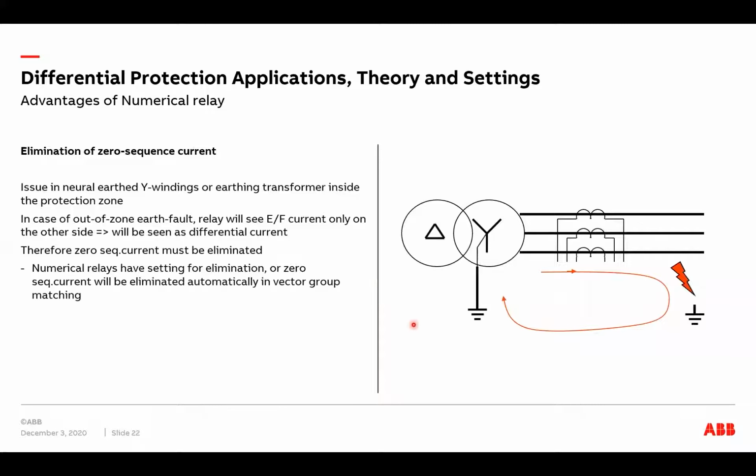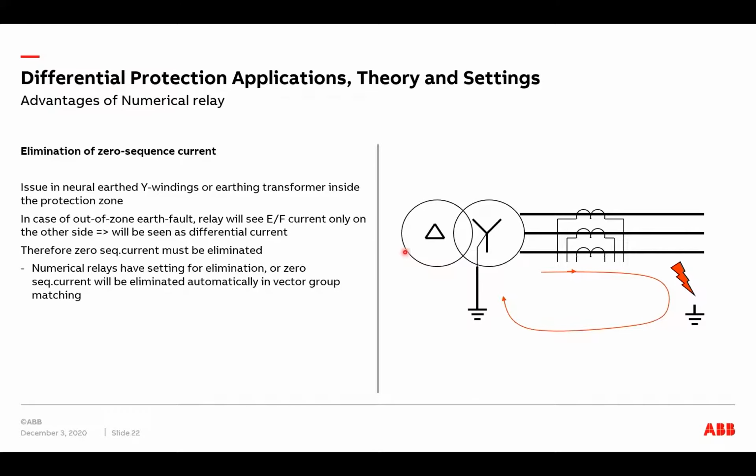Then we have the situation where we have an earthed star winding, and we have an earth fault outside the protected zone. What will happen then is that there will be an earth fault current flowing in one phase. And this earth fault current will not be seen in the same phase on the other side of the power transformer.